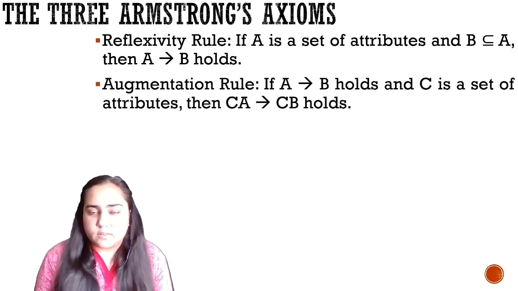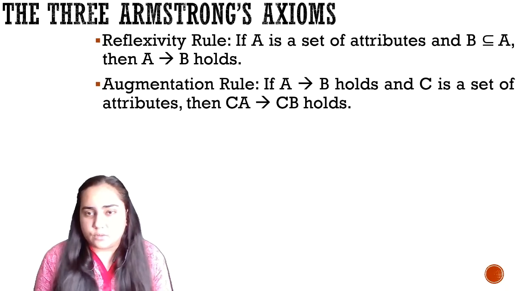The augmentation rule says that if A determines B holds and C is a set of attributes, then you can augment, which means you can attach C on both the left and right sides of the functional dependency and make it CA determines CB. C can be either one attribute or a set of attributes.